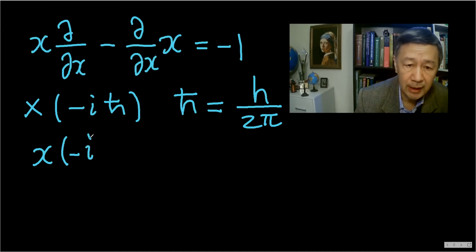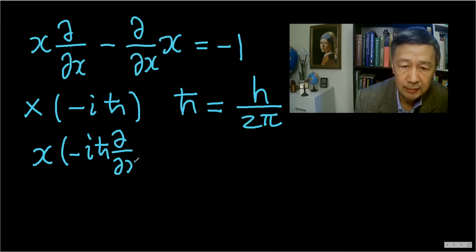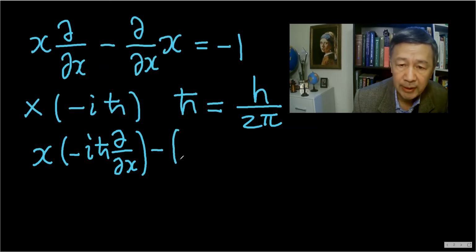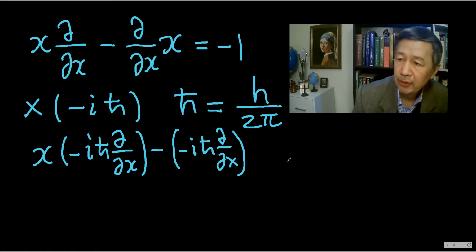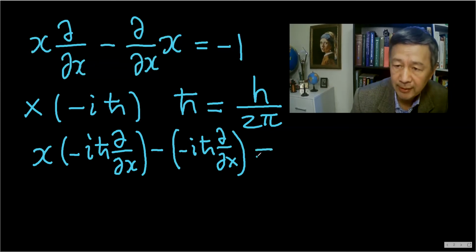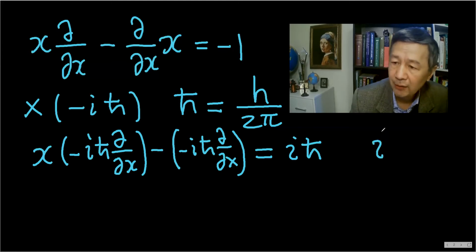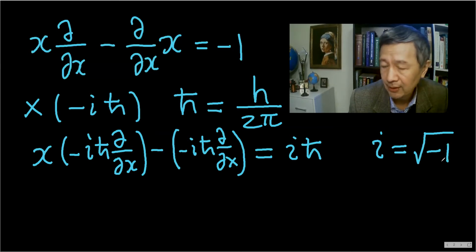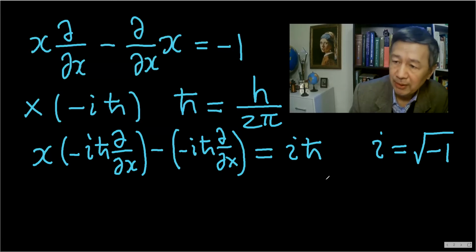In this case, I put this i h bar in front of the ∂/∂x. Similarly, without changing the negative sign, we directly multiply these factors. The right-hand side simply becomes i h bar. Here i is the imaginary unit, the square root of negative one.